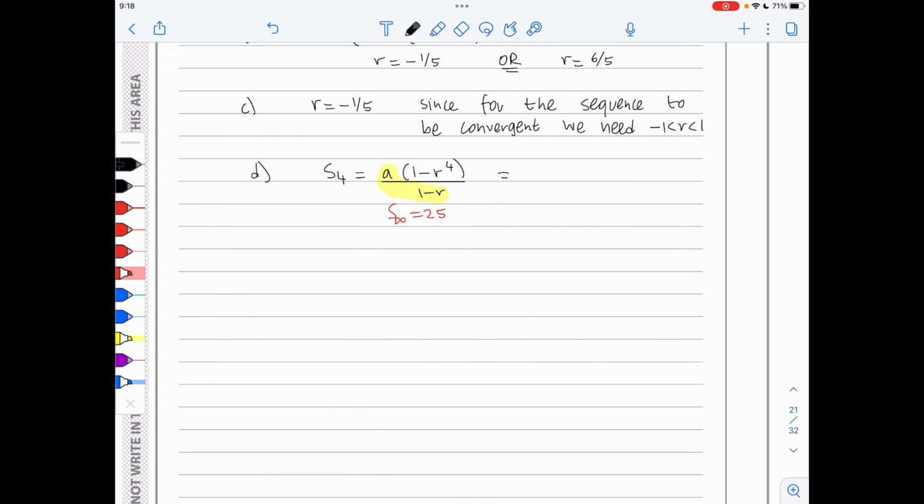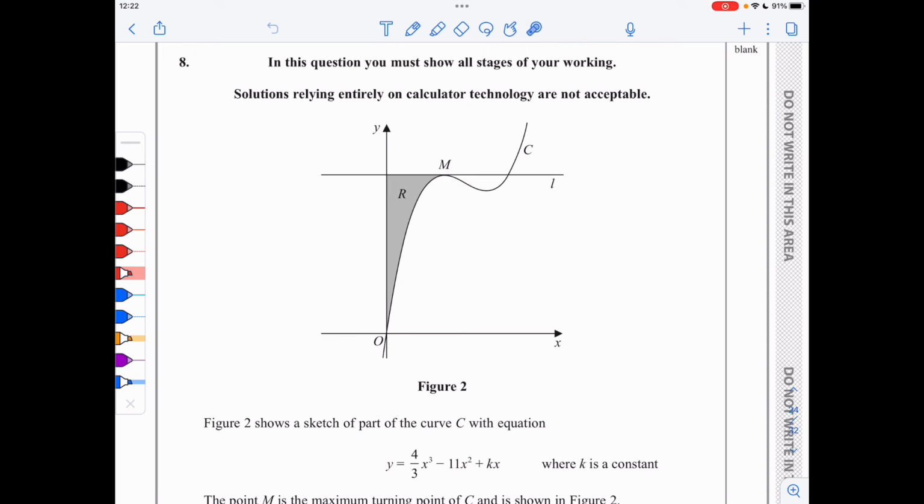So this is 25 times 1 minus a fifth to the power of 4. And this gives an answer of 624 over 25.